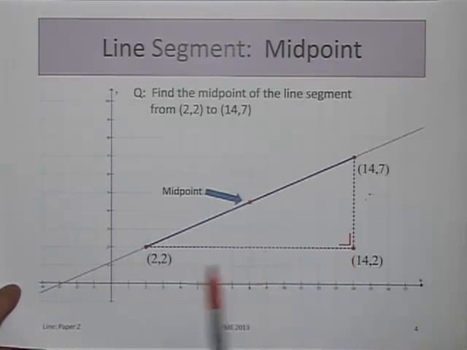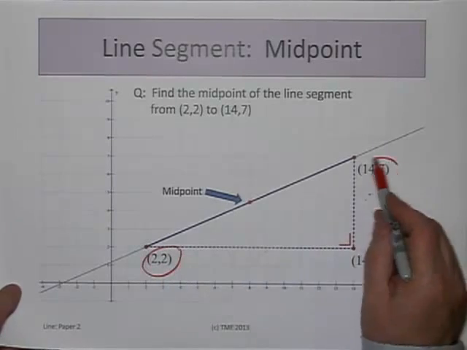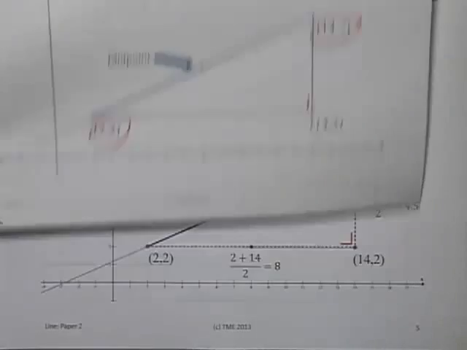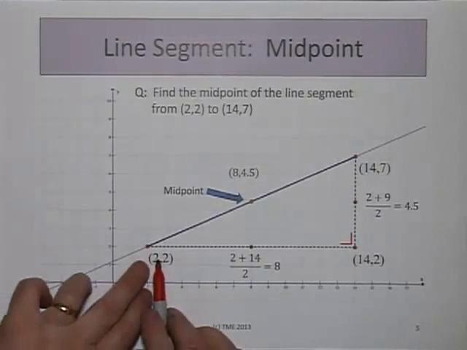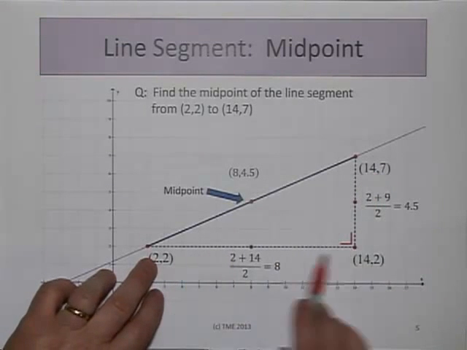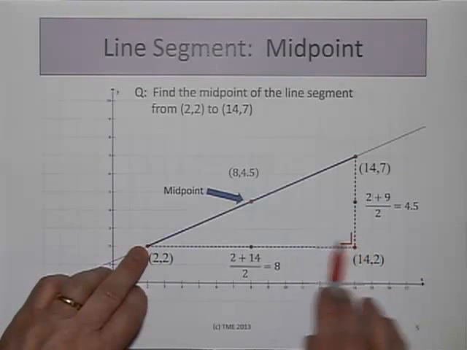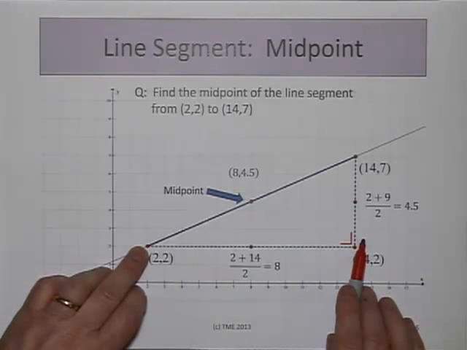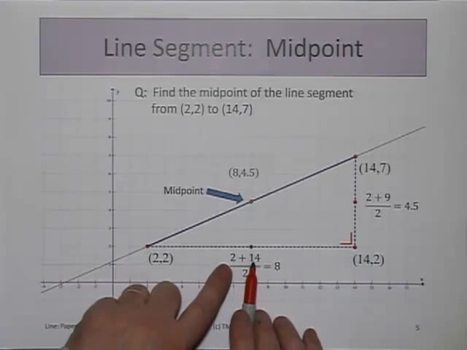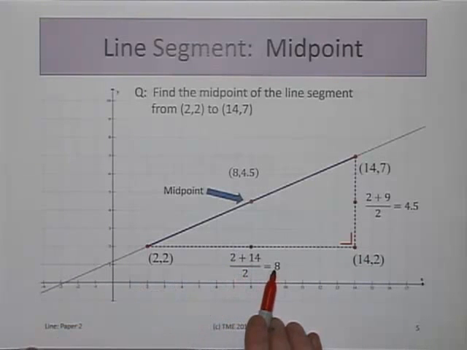Well, we're interested in the precise numbers 2, 2 and 14, 7. Well, 2 and 14, taking the x side, well, this is 2 and this is 14. And what's halfway between 2 and 14? Well, you add up the 2 numbers, 2 and 14, and divide by 2. It gives you 8.